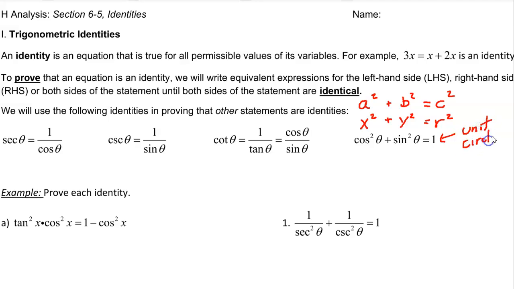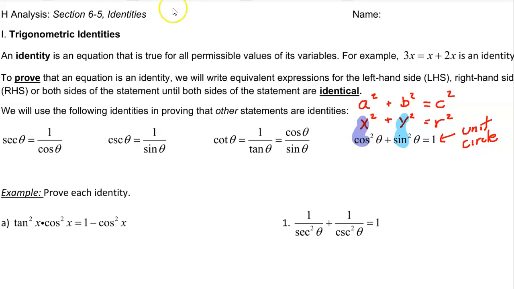So that changed into a 1. And then we saw last week that the run, or the x, is the same as cosine, and the rise is the same as sine. So what you're seeing here is just another version of the Pythagorean theorem, with things substituted in, for the higher math.